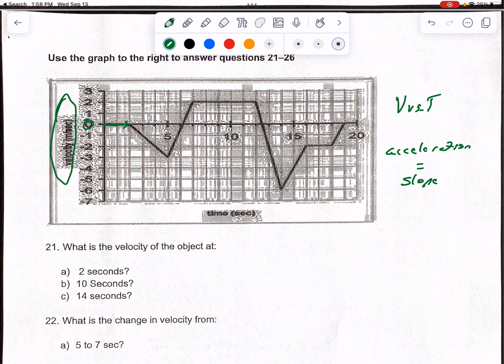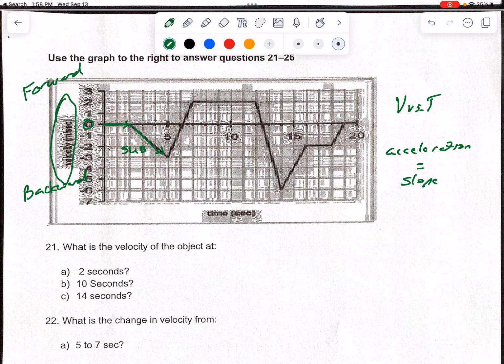Then you start going down, so you are speeding up because you are going away from 0. Now, anything above the x-axis is going forward. Anything below the x-axis is going backward, which means you're going in a negative direction. So this would be speeding up backwards.